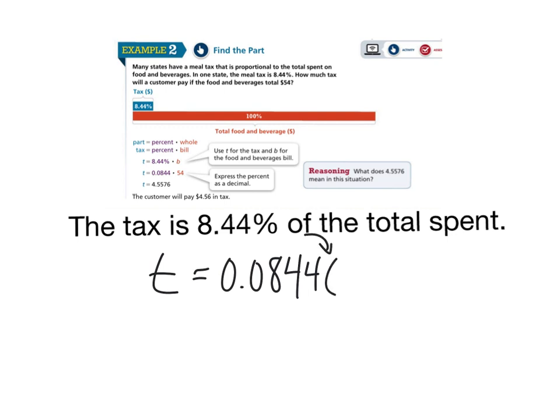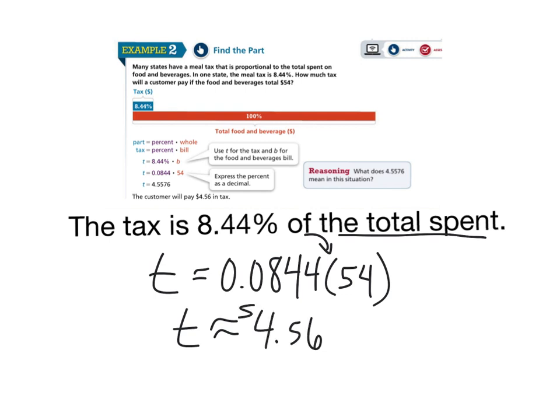Of means multiply. And then the total that was spent was $54. And then just like the book did, if you work that out, round it off to the nearest hundredth, that would be $4.56 in tax. And you may be able to just look at that and say, well, I know I'm taking 8.44% of the $54, so work it out.